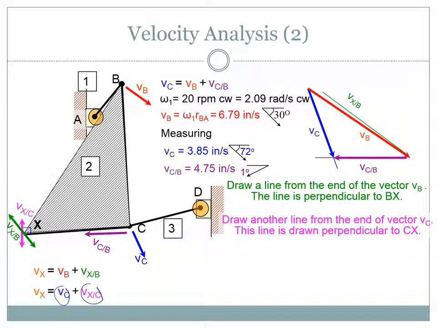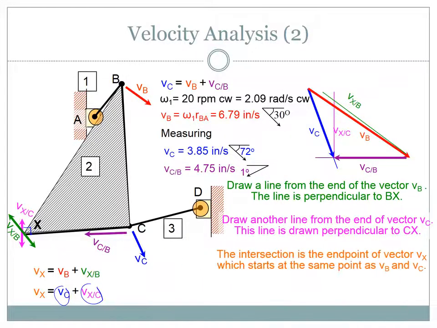So now we draw another line from the end of vector VC. This line is drawn perpendicular to CX, almost 90 degrees, but it is not. So the intersection is the endpoint of the vector Vx, which starts at the same point as VB and VC.